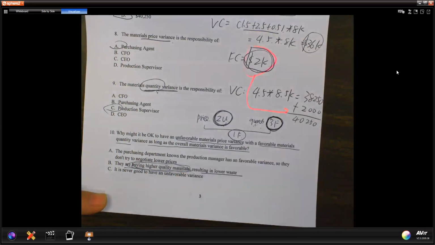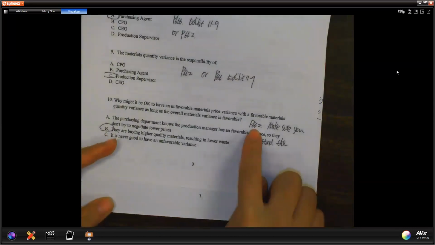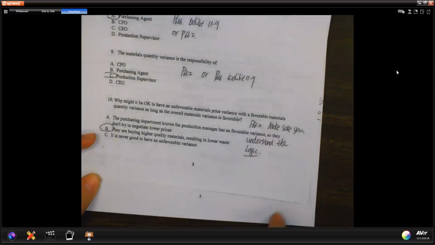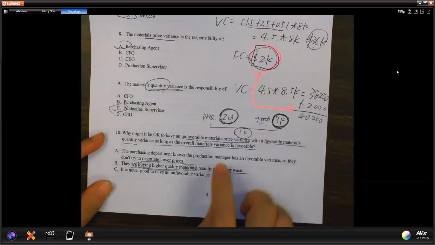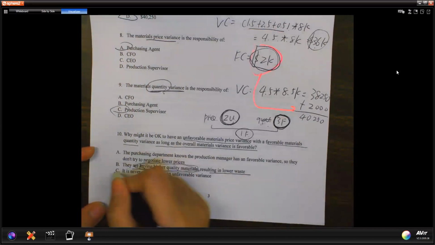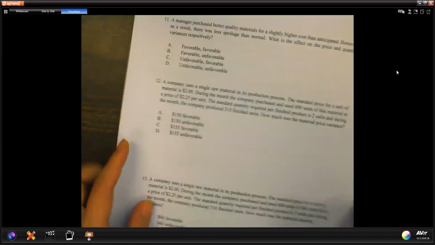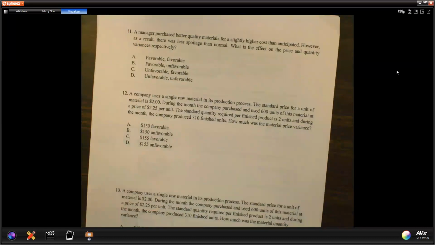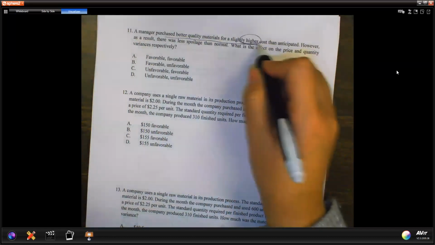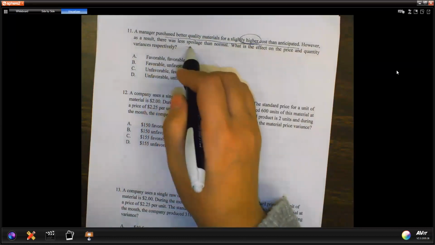This is related with your textbook page 662. I said make sure you understand the logic with the textbook and then think about this situation. I think it's a very good one to understand the numbers. Okay, next one, question 11, talking about a manager purchasing a better quantity at a slightly higher price. However, as a result, less spoilage.